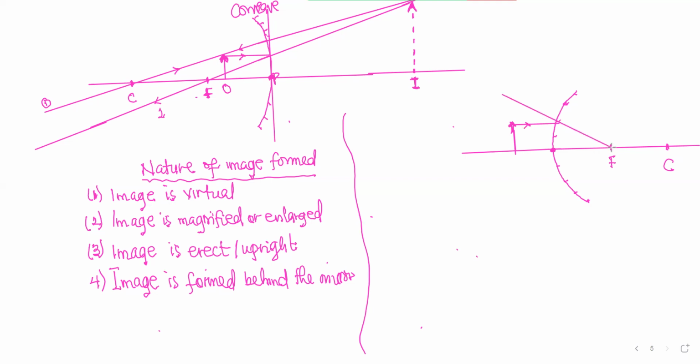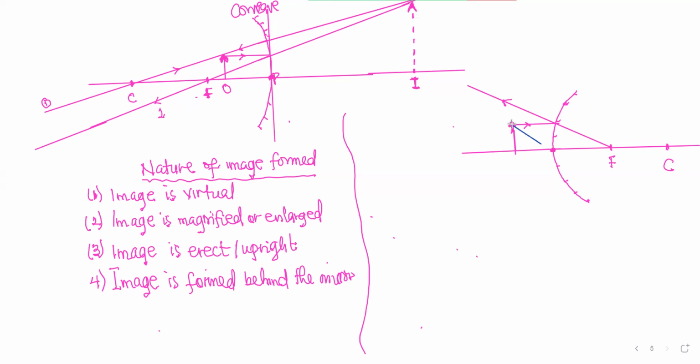So rule 1. So this is the reflected ray. Then rule 2. Let's use a ray of light hitting the pole.